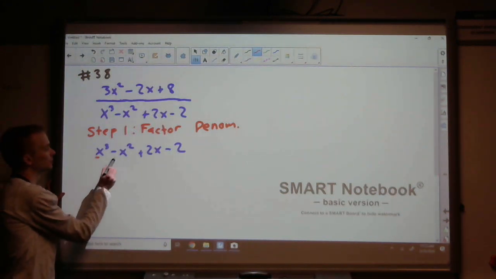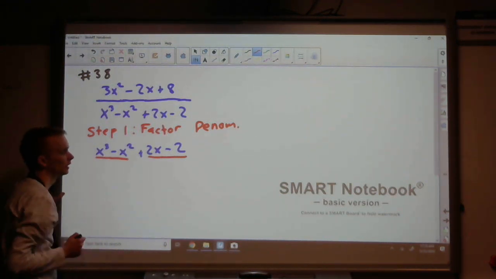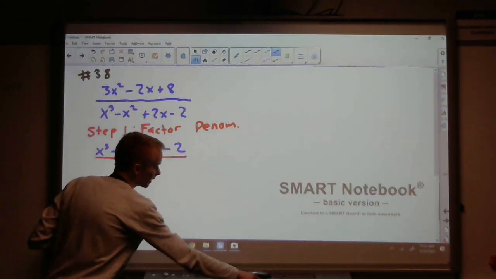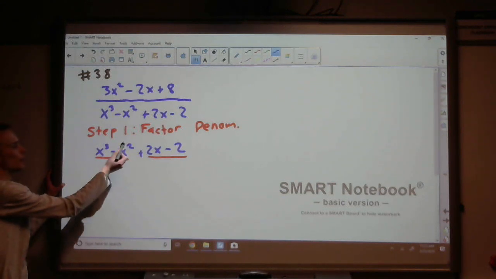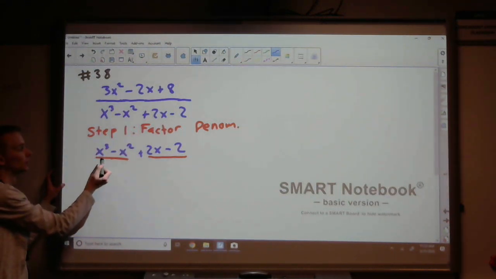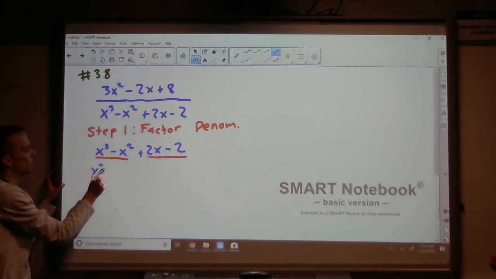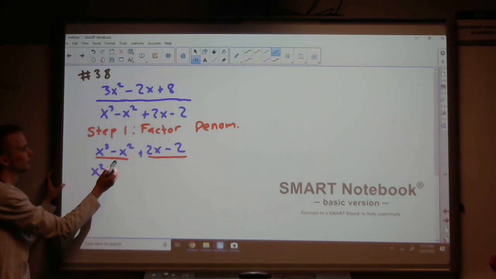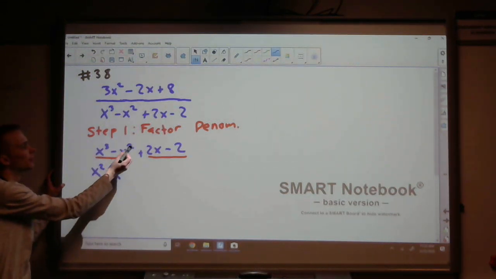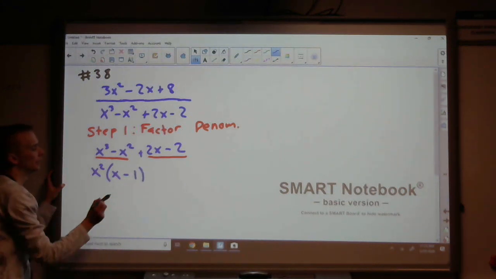So I'm going to factor this part and see if I can use factoring by grouping, okay? So this part, what can I factor out of these two? Well, there's an x squared on both of them, so an x squared will go into each one. So when I factor that out, I'm left with an x here and a minus 1 there, okay?